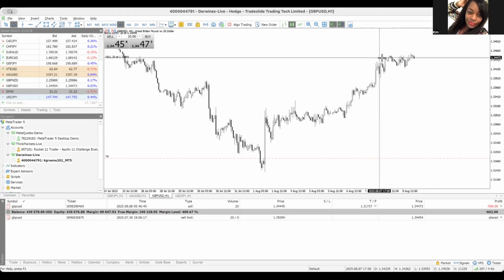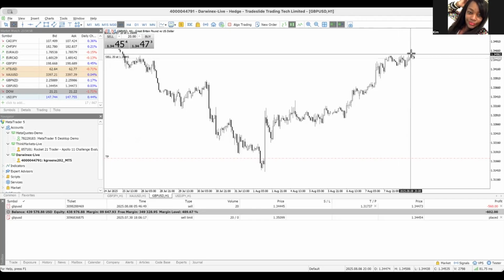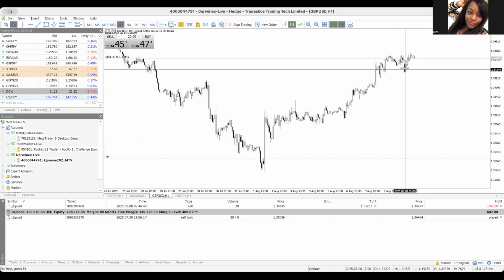So I had that set right here at this supply zone because I made an assumption that price shifted structure here. But as we can see, price pushed up and broke structure to the top side already. So now this is my swing low.